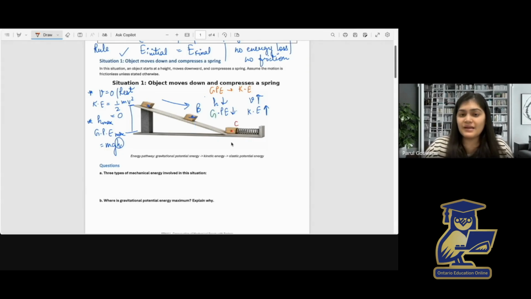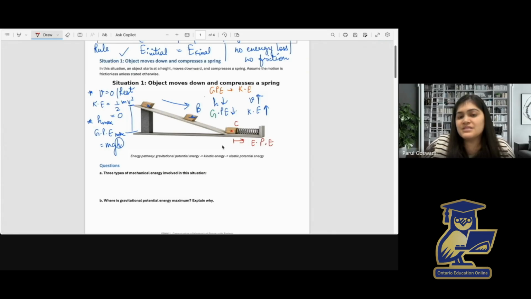Now let's analyze what happens at point C. At point C, when the object reaches the spring, it begins to compress the spring. As the spring compresses, energy is stored as elastic potential energy. So the energy is now being stored as EPE.